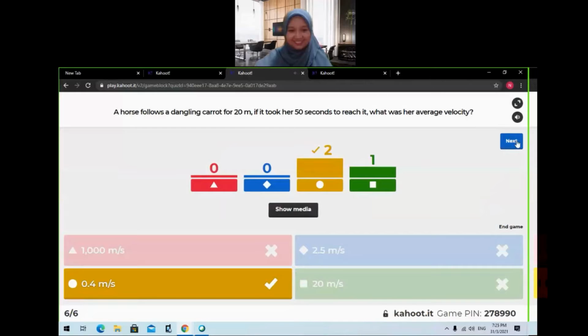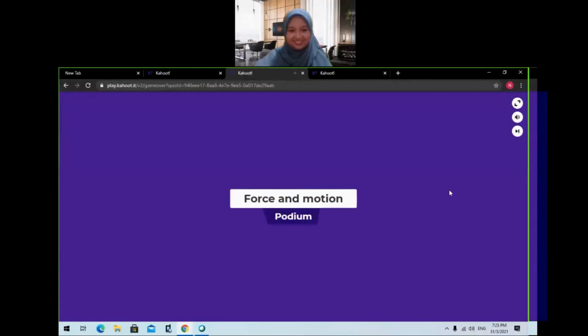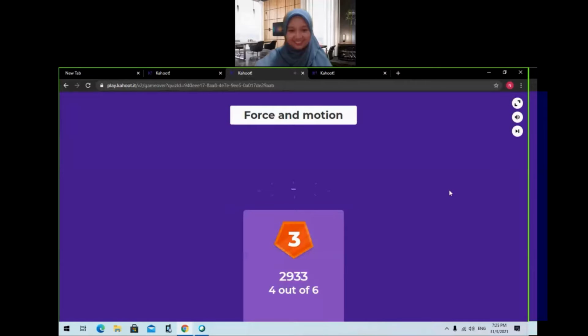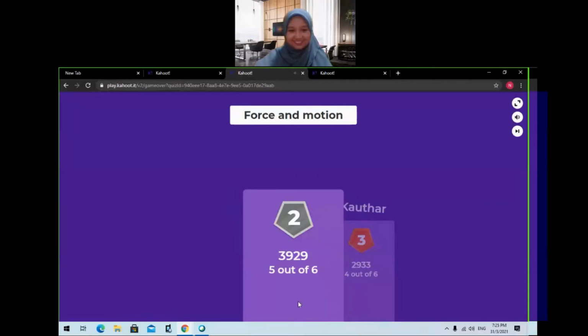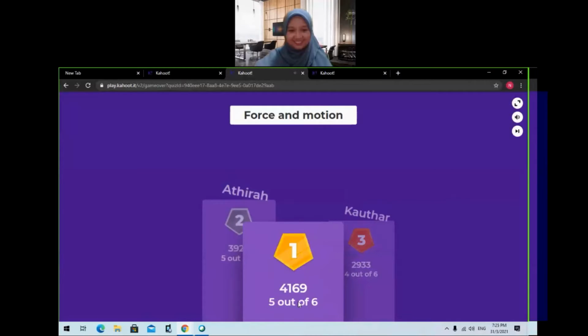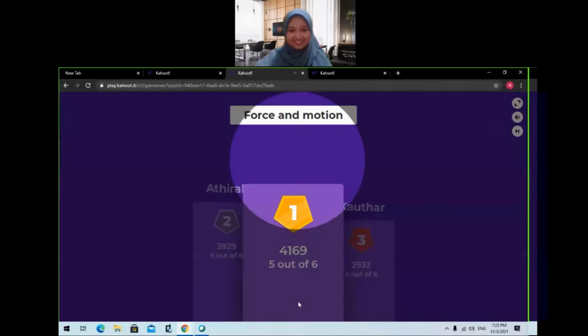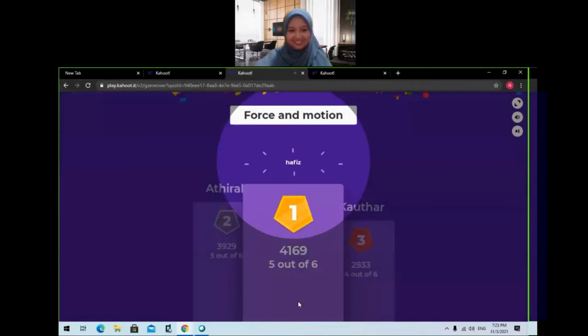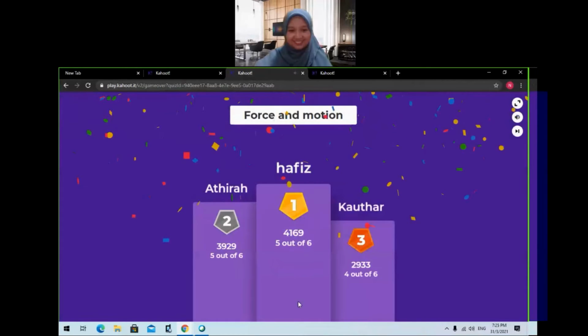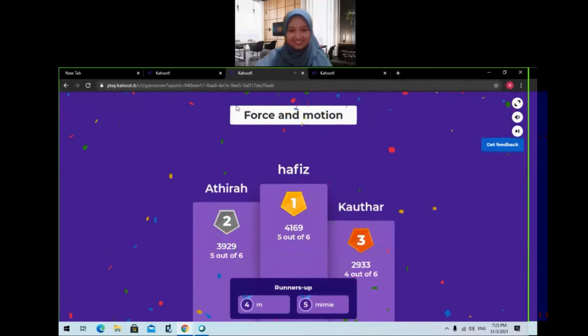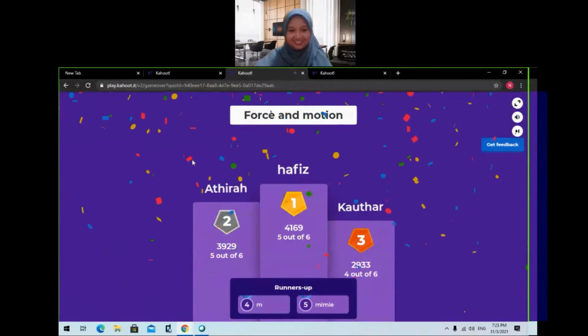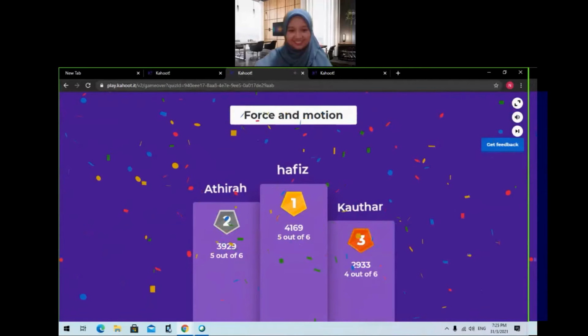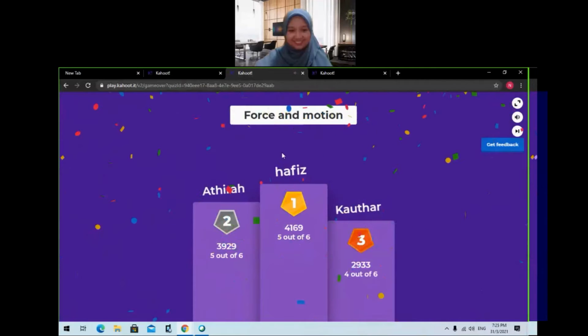It is 0.4 meters per second. So Kausa is number 3, Atira is number 2, and the first one is Hafiz. Congrats, Hafiz.